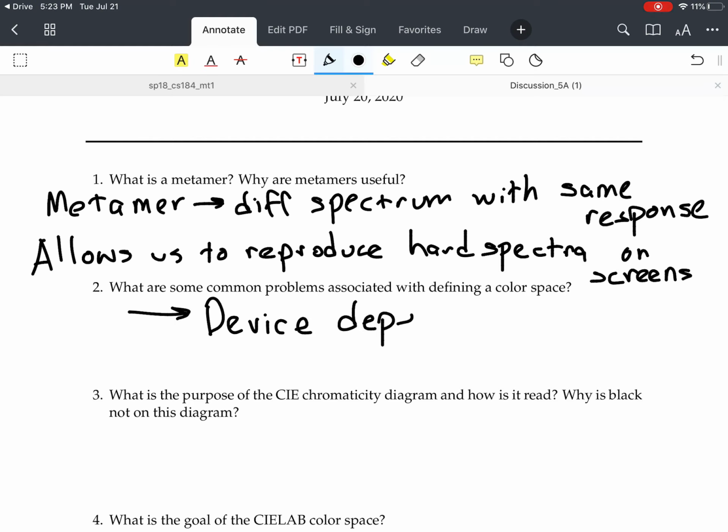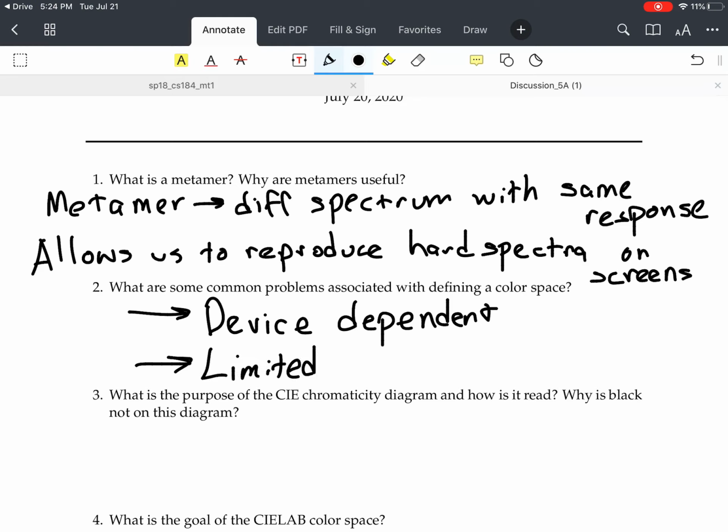Different devices have different tech in them, and that affects the range of colors they can show, how bright these colors can be, how many different colors they can show, all of that stuff. So it's not easy to create one color space that's uniform for a lot of different things.